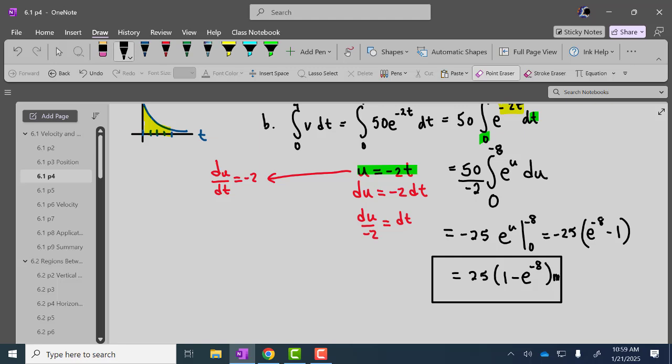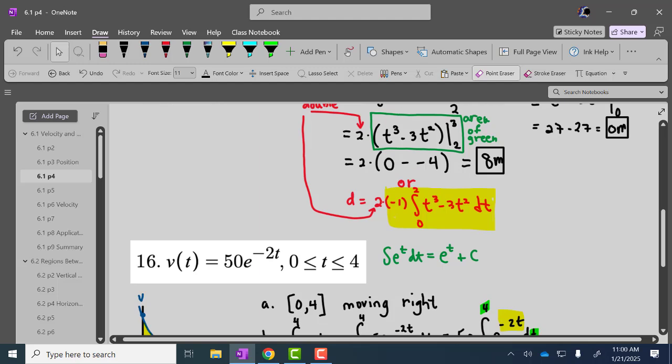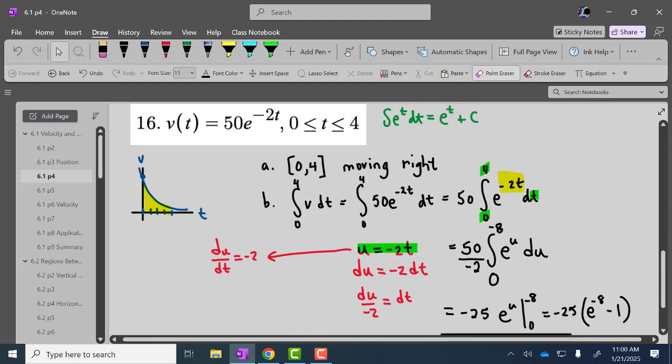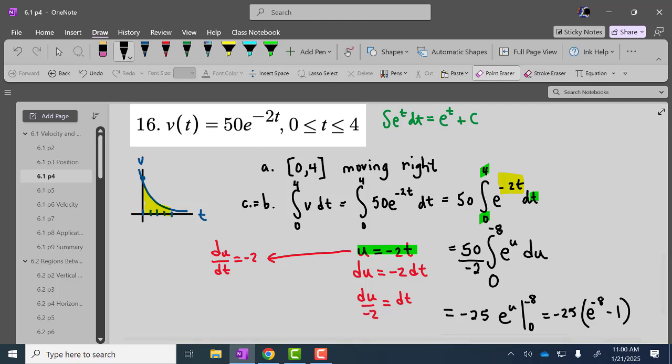So that's supposed to be an M jammed in there. Put a little M in there. Make sure it's meters. So this is going to be both distance and displacement. And I think it was part C that asked for distance. So this is part B and part C. So C is equal to B.